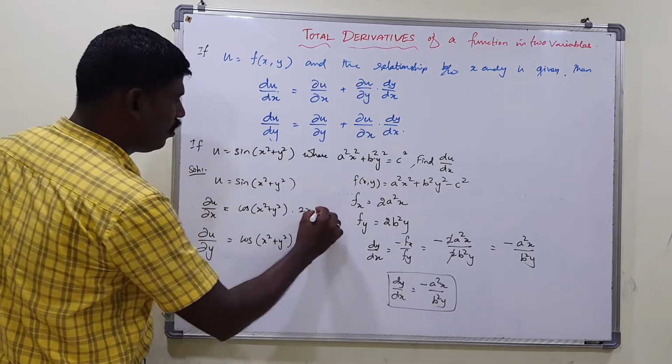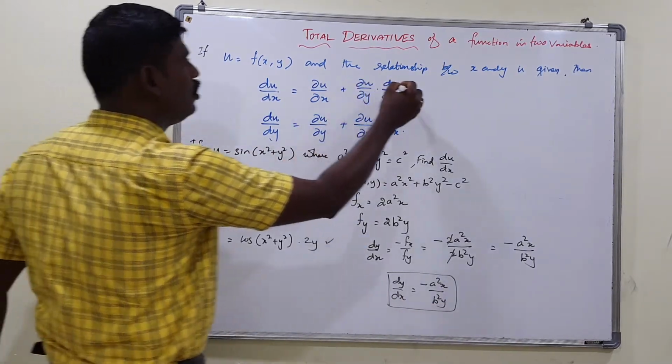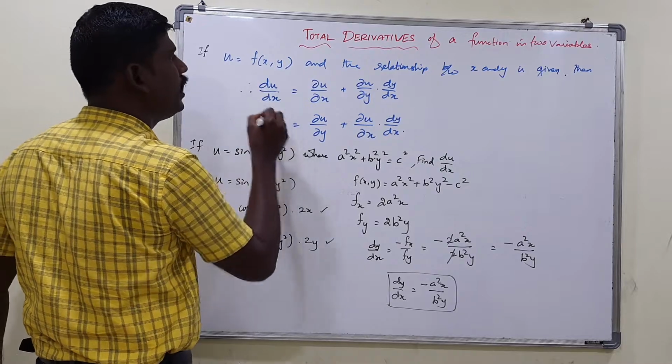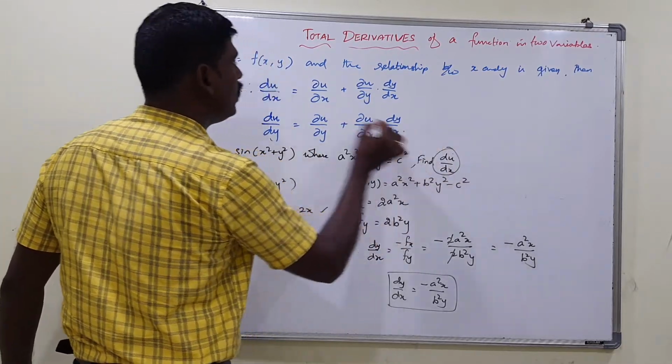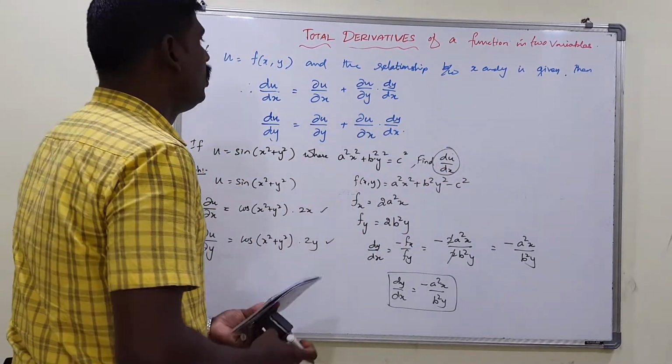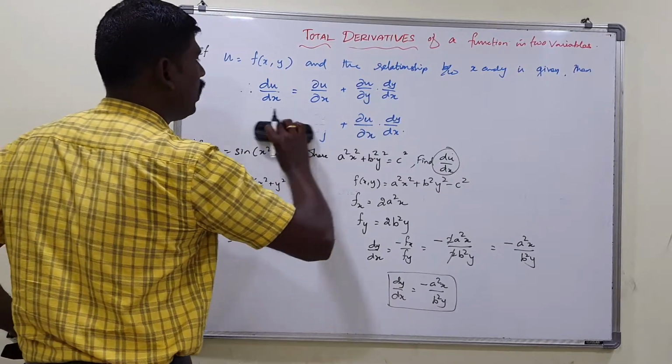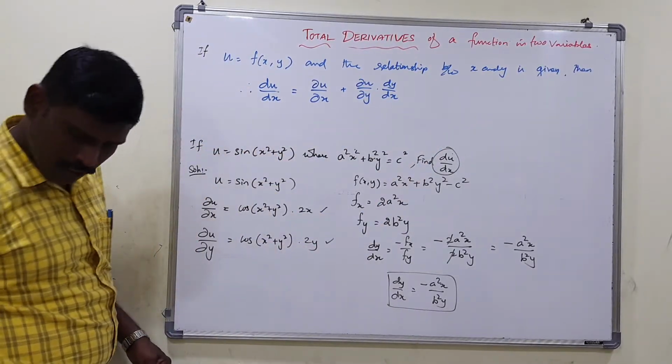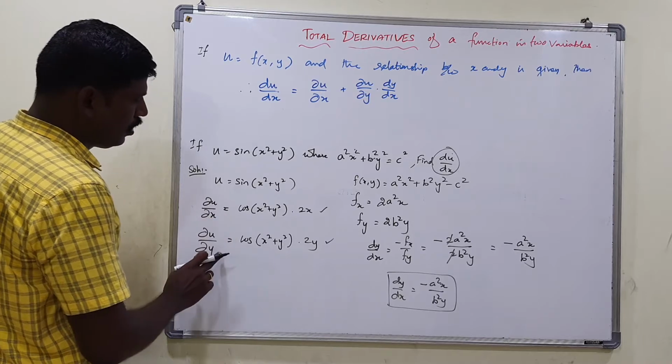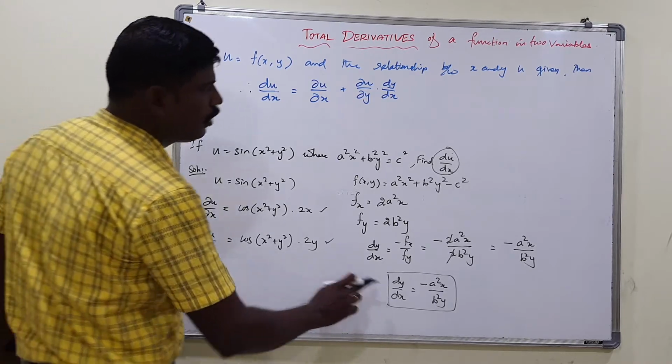So now I have found all three values. Substitute them in this formula. Therefore, du by dx is equal to dou u by dou x plus dou u by dou y into dy by dx.